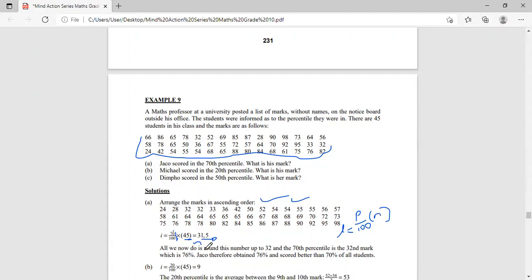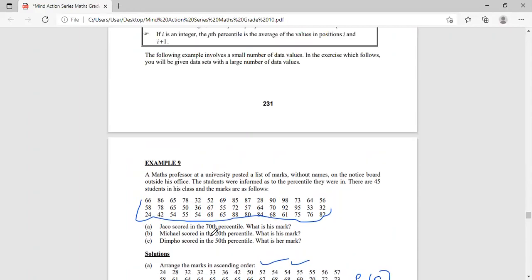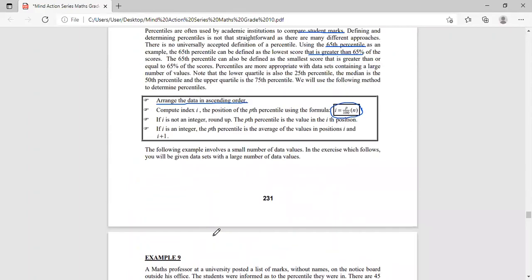As we now do, all we do is round the number up. It's rounded up, so it's in the 32nd mark, which is 76%. This is what they mean. I calculated the value. We go back to this, it's very important, guys.